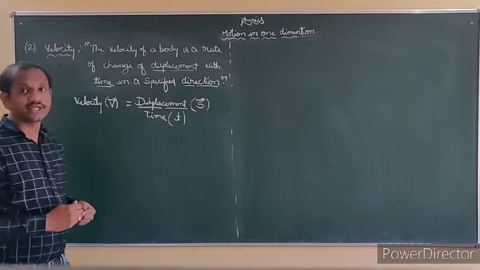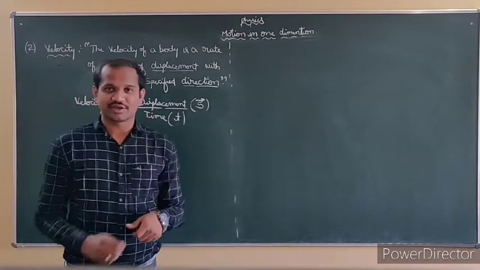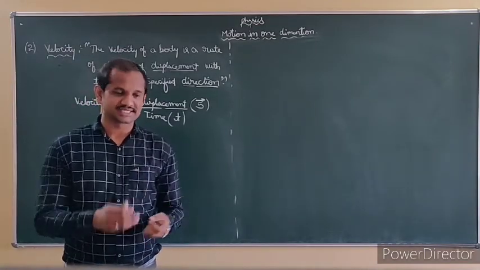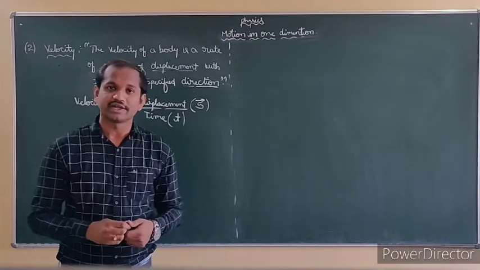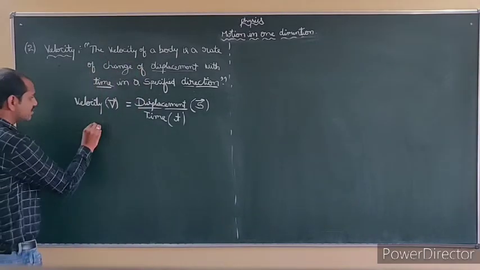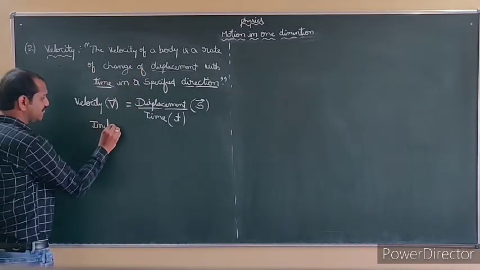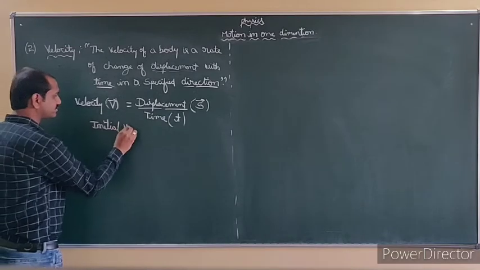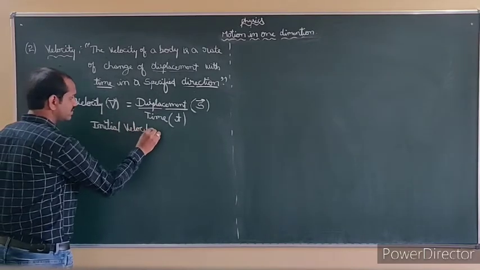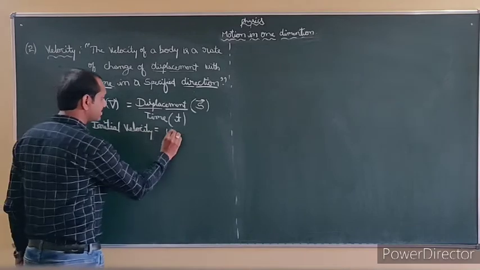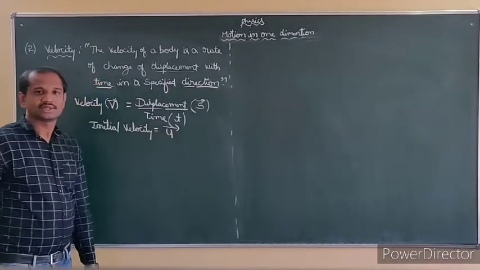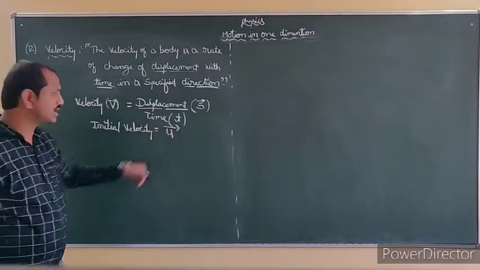But when we are solving numericals, we get two types of velocity, initial velocity and final velocity. Initial velocity is denoted with the letter U, with an arrow mark. Understand? U is the initial velocity.